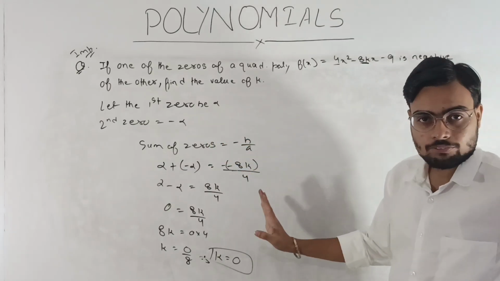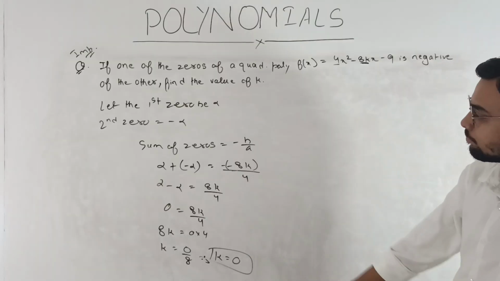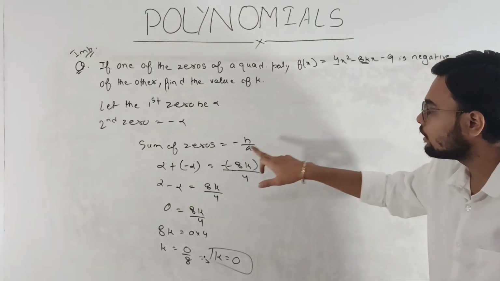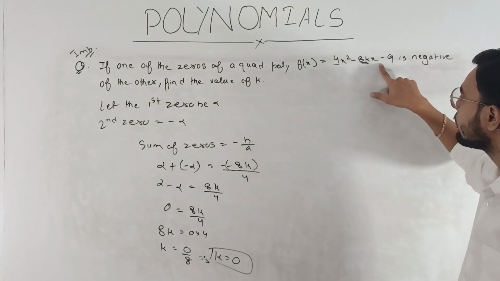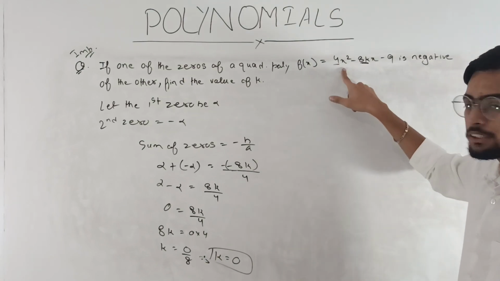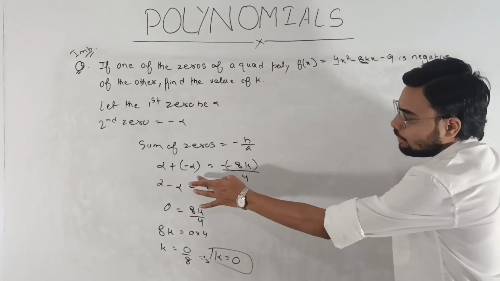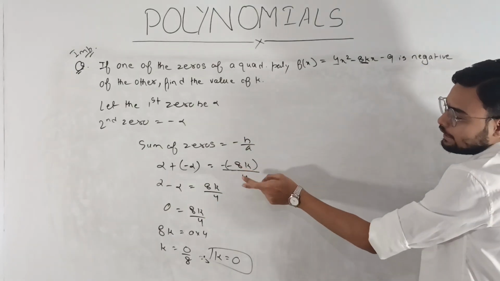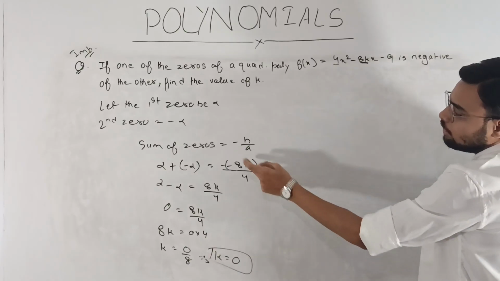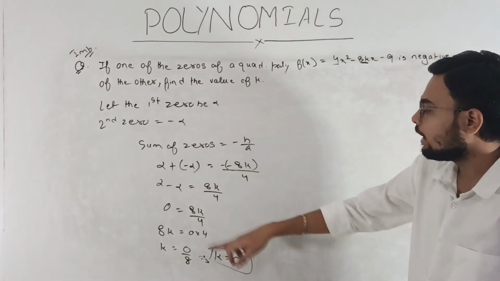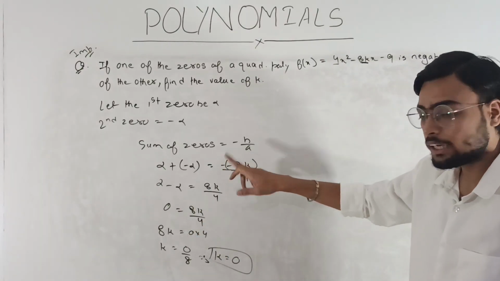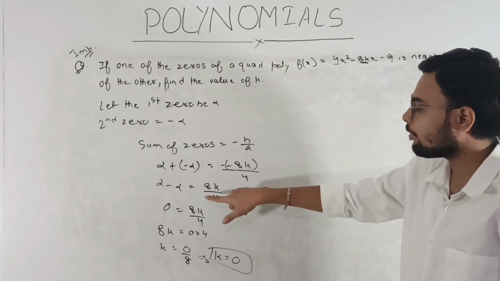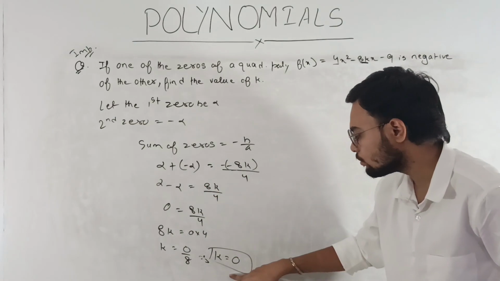Now first I find the sum of zeros, that is alpha plus the second zero minus alpha is equal to -b/a. Here b is the coefficient of x and a is the coefficient of x². The coefficient of b is -8k and the coefficient of a is 4. Alpha minus alpha is 0, and changing the sign, this becomes plus 8k/4. Now after calculating, I get k is equal to 0.